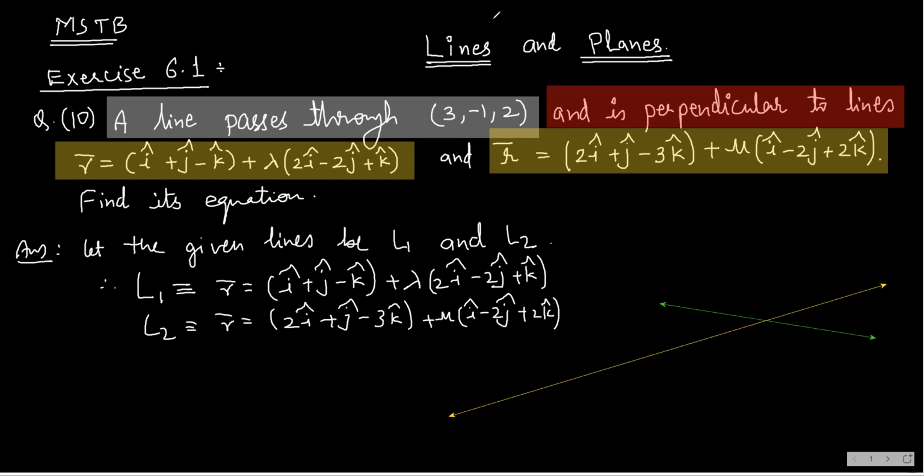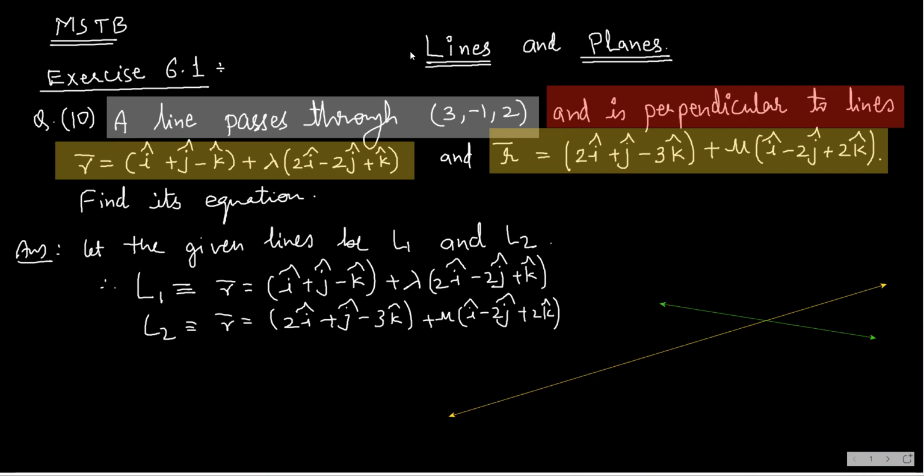How do I know they are not parallel? Because look at their DRs. The DRs are 2, -2, 1 and here 1, -2, 2. So the DRs of the two lines are not proportional.